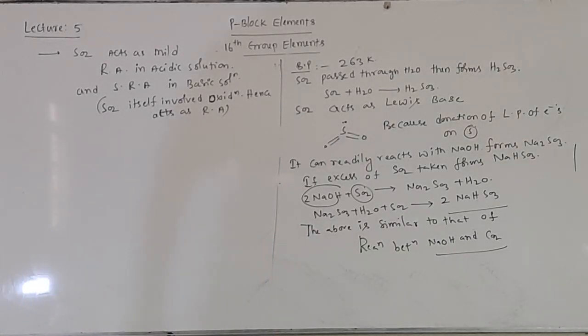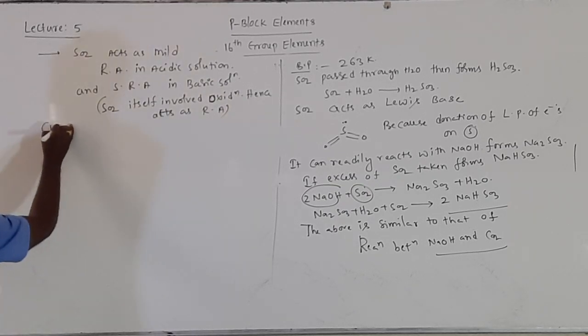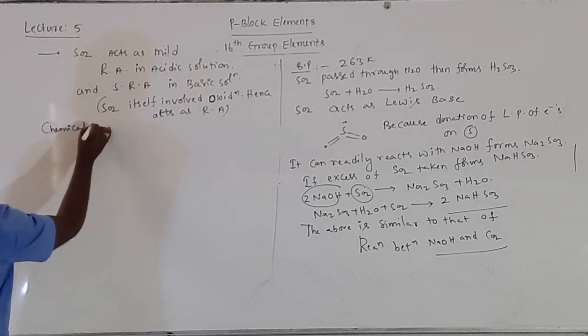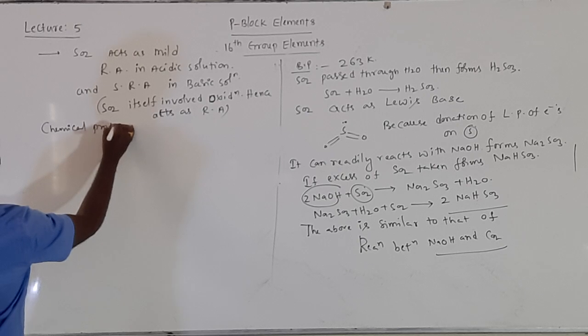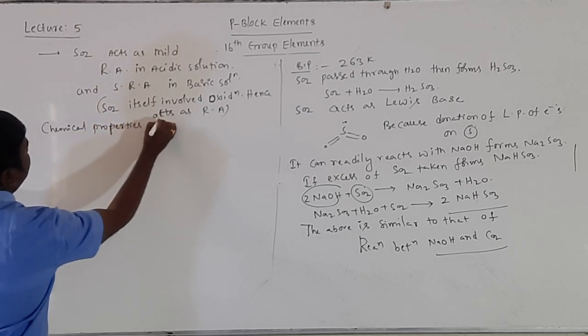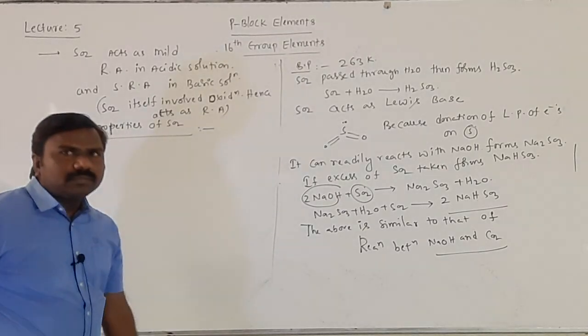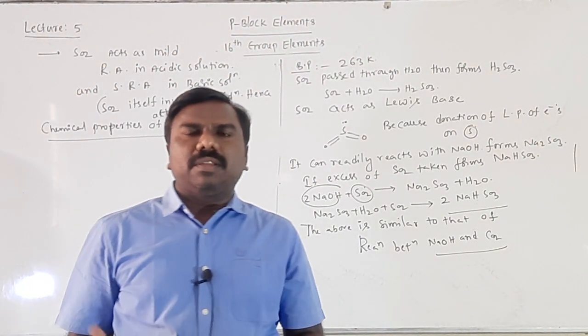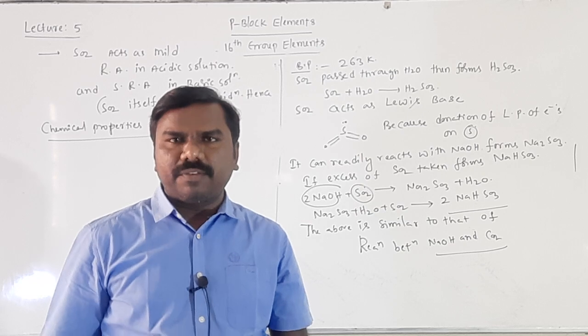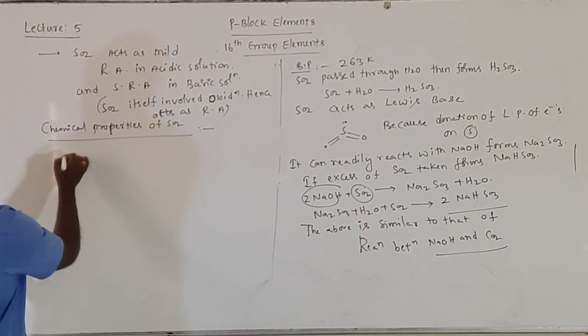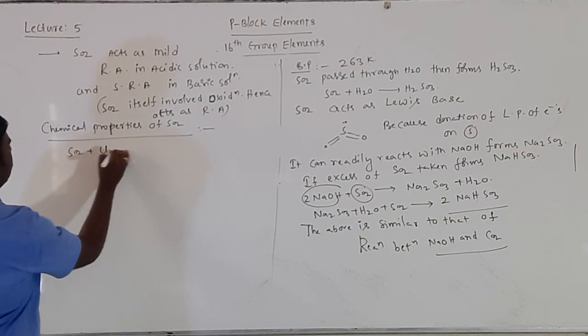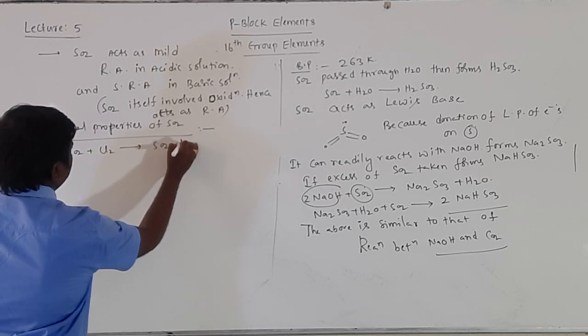Afterwards, chemical properties of SO2. Physical properties completed. Chemically, it can react with many compounds, then forms different structures. SO2 reacts with Cl2, then gives rise to SO2Cl2.